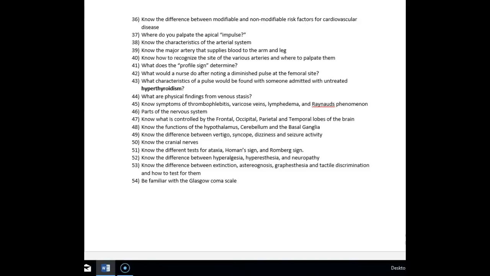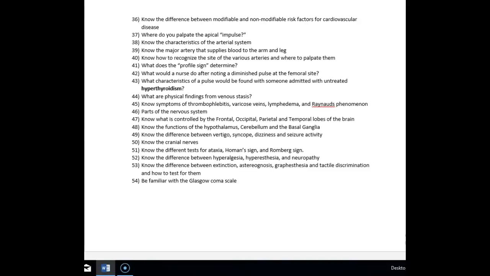So, let me see. I would like for y'all to know the arteries, and we've been practicing them in lab, like the supply to the foot. On the top of the foot is the dorsalis pedis. The popliteal is behind the knee.